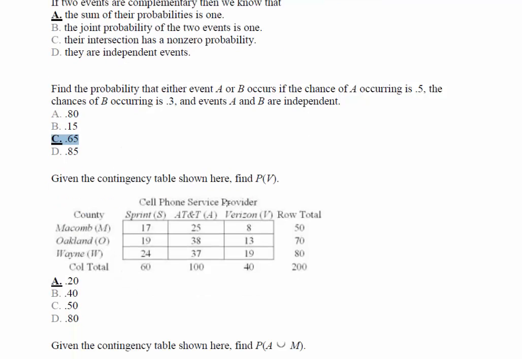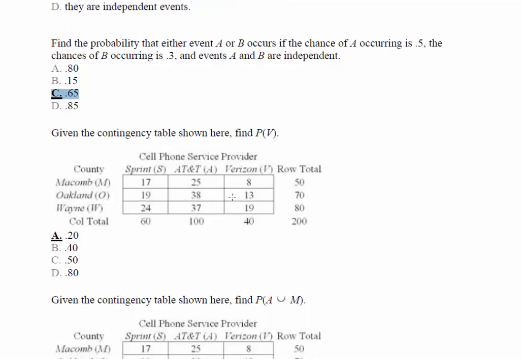Okay. Next question. Given this contingency table shown here, find P(V). This table says, from people from 3 counties, Macomb, Oakland, and Wayne, these are the numbers of people using either Sprint, AT&T, or Verizon as their cell phone service provider.